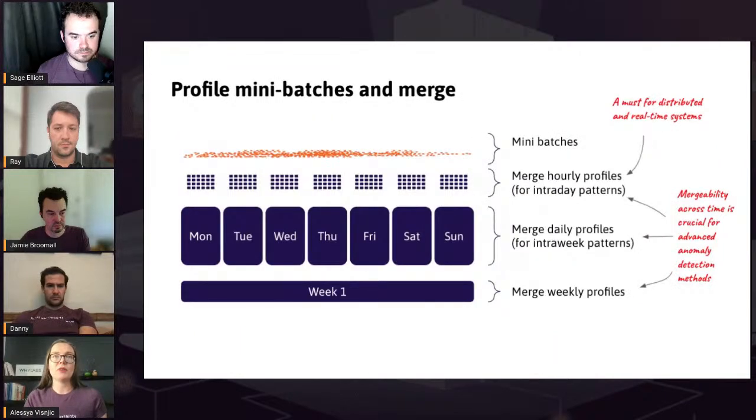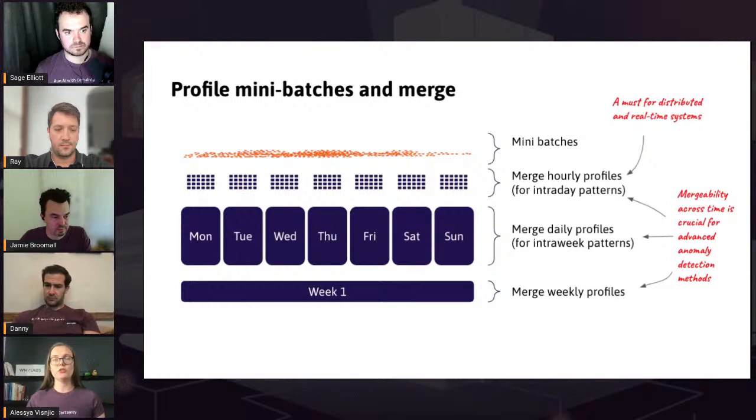Another very key property of whylogs is that the profiles it captures are mergeable. This is absolutely key because your data comes in mini batches. Mini batches could come from a distributed system or a real-time system.